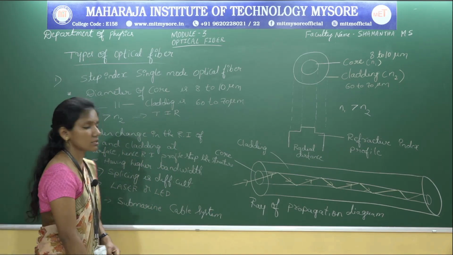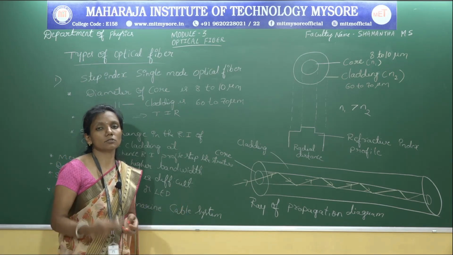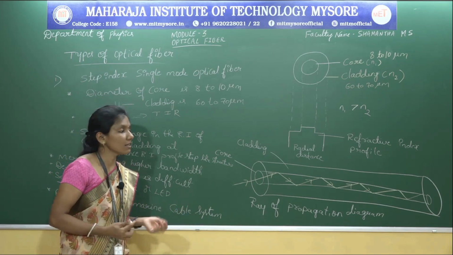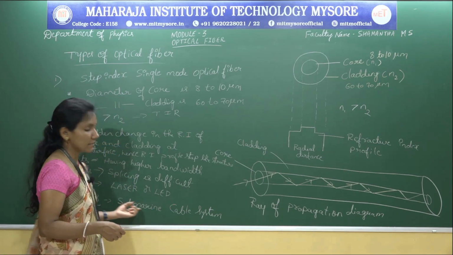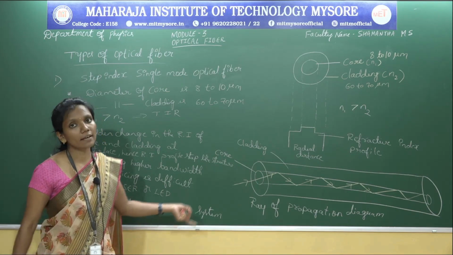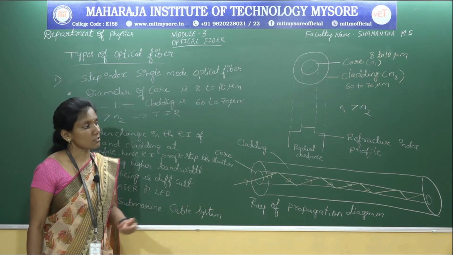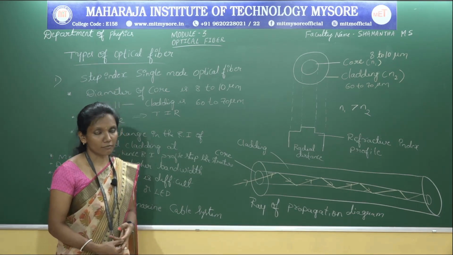So the application is in the submarine cable system, which helps telecommunication between the ocean and sea. Due to the higher bandwidth, we can transfer the signals over a longer distance. So these are the applications and the construction of the optical fiber.